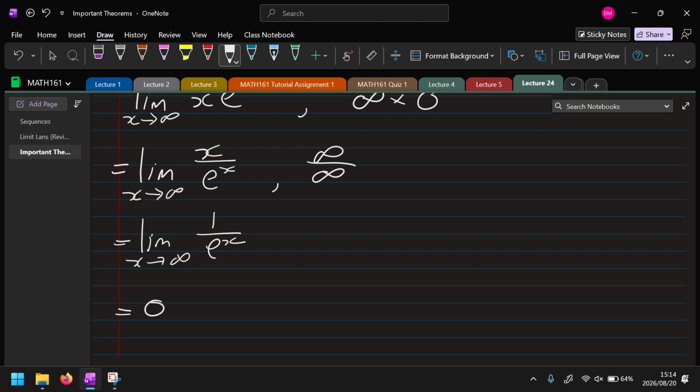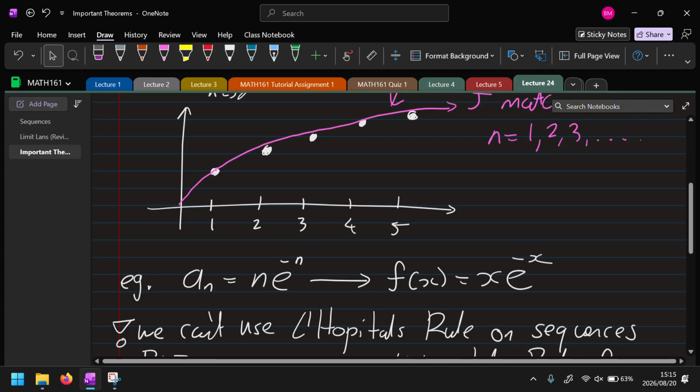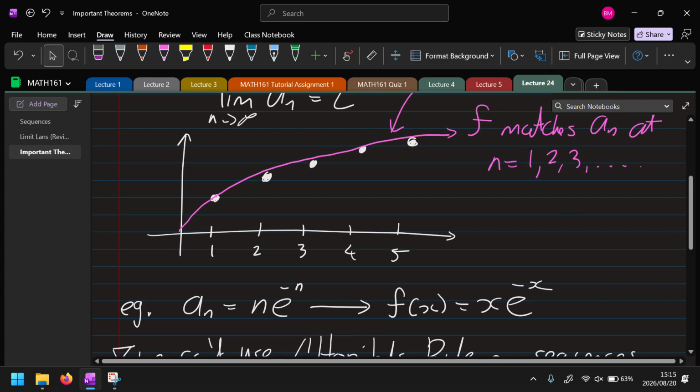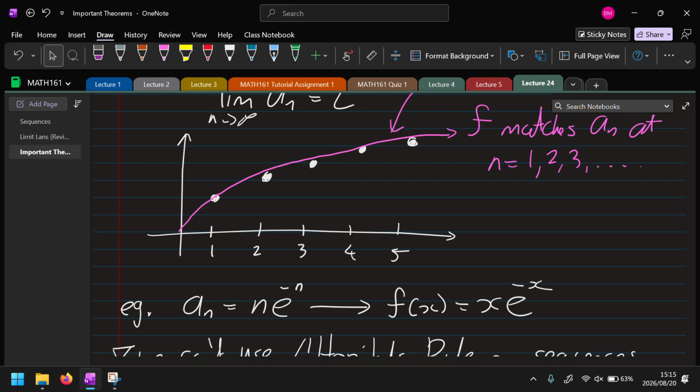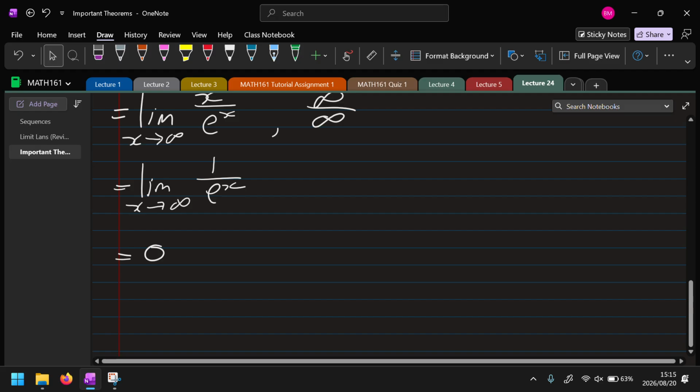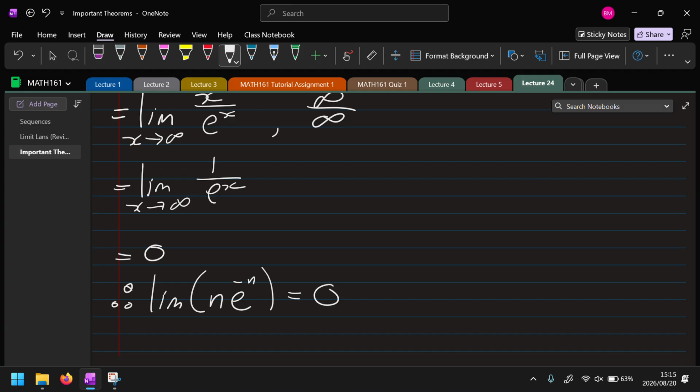The bottom goes to infinity, so it goes to 0. But now the theorem tells us that the answer we get for this function is the same answer for the sequence. So if you get 0 for the function, you get 0 for the sequence. Therefore, the limit of n e to the minus n is also 0.